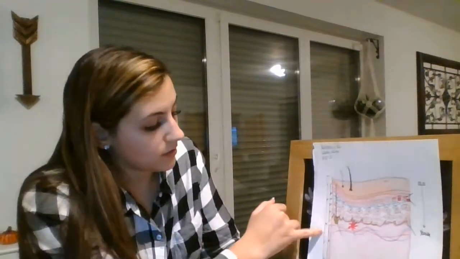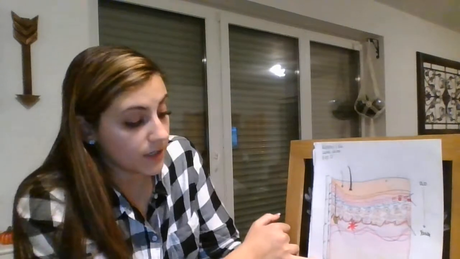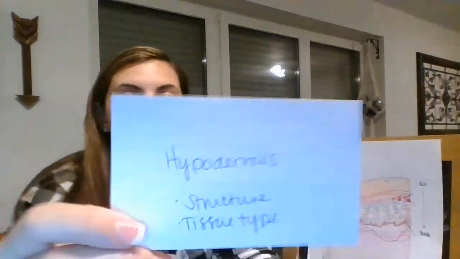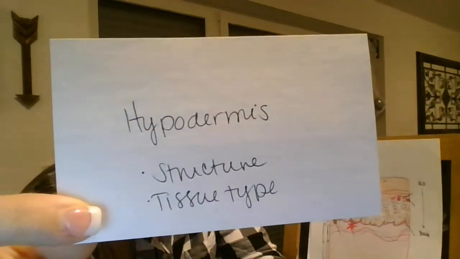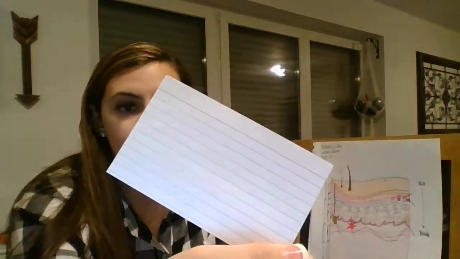So now that we've taken care of the dermis, we're going to roll into the hypodermis. I'm going to inform you of the structure and then the tissue type, no information. The structure for the hypodermis is a more insulated, fat-storing layer, and the tissue type is a more dense layer.